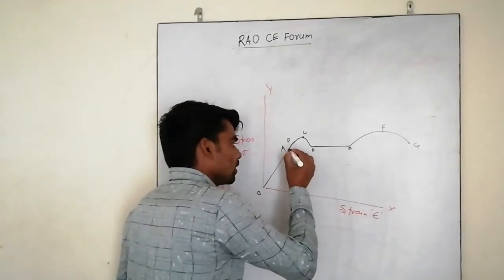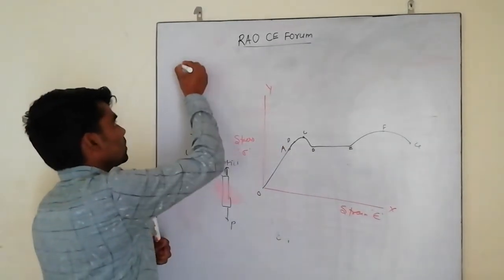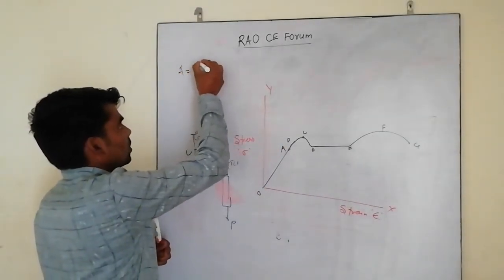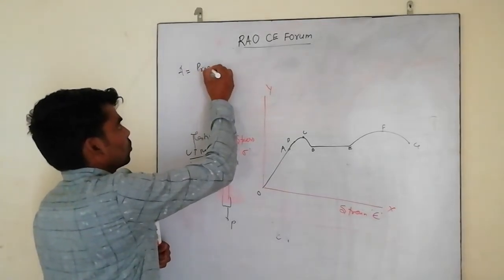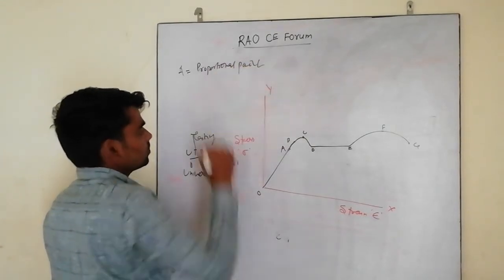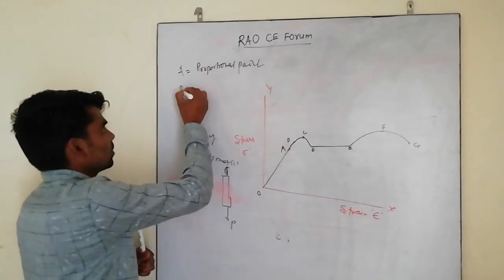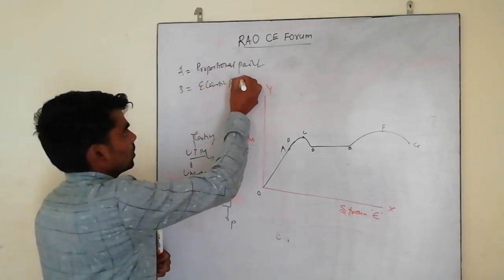So up to point A, the relationship is the same. This point A is known as the proportional point. And this is B, known as the elastic point.